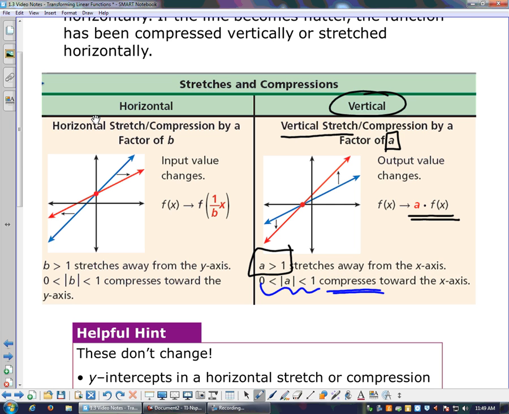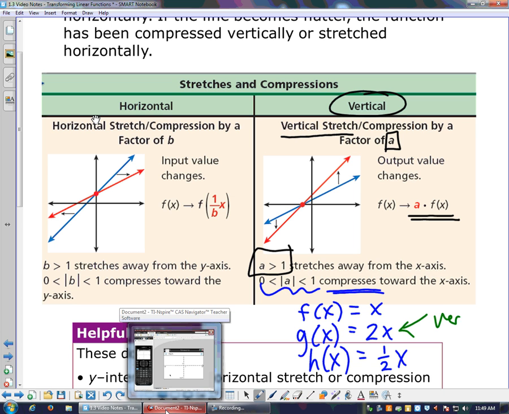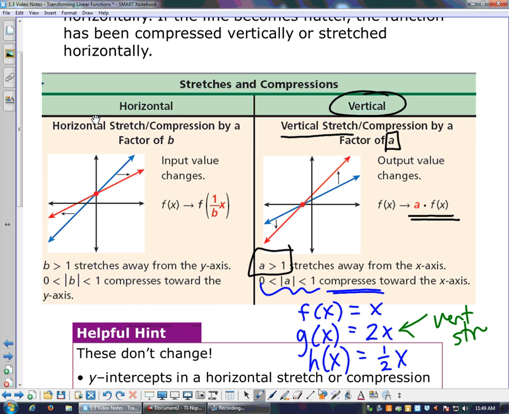So in other words, let's compare three functions: f of x equals x, g of x equals 2x, and h of x equals 1/2 x. This one here would be a vertical stretch, and this one here would be a vertical compression.